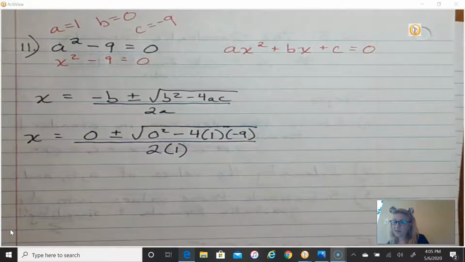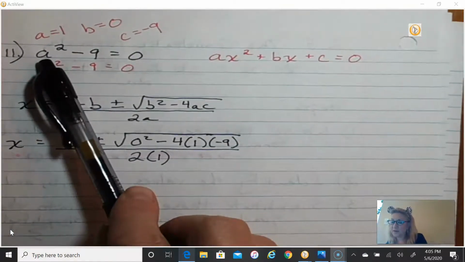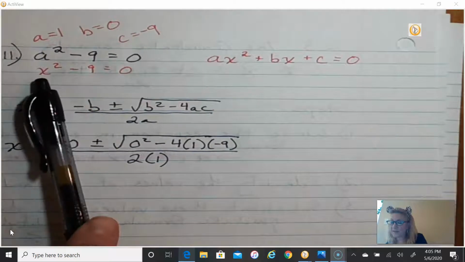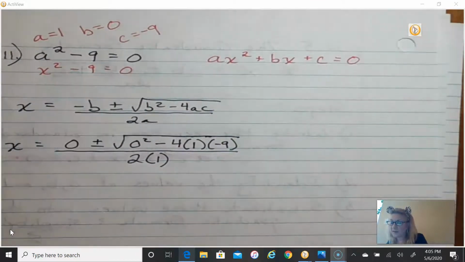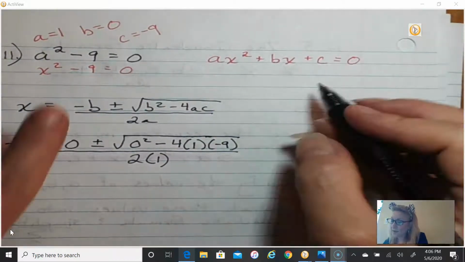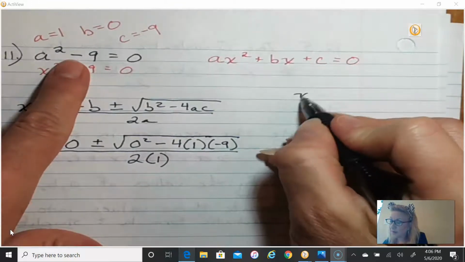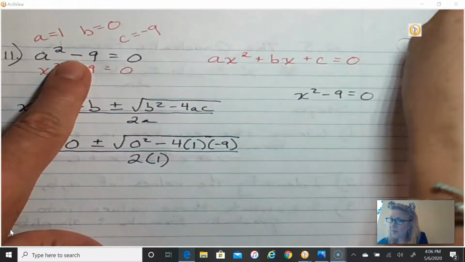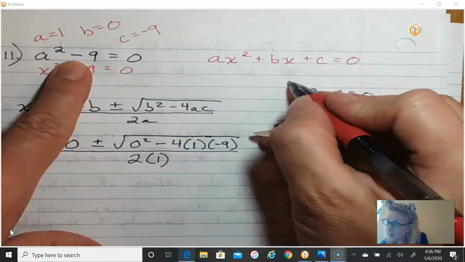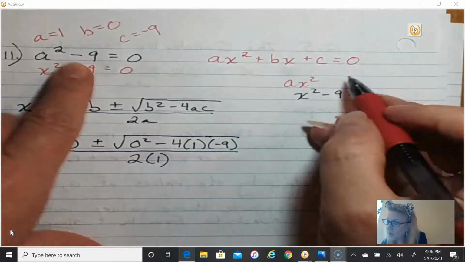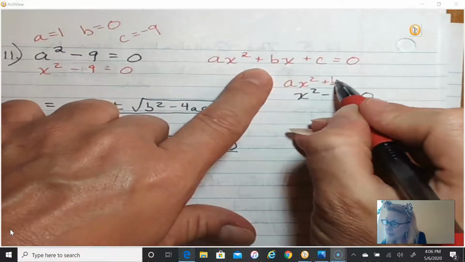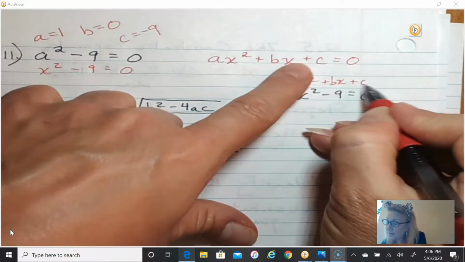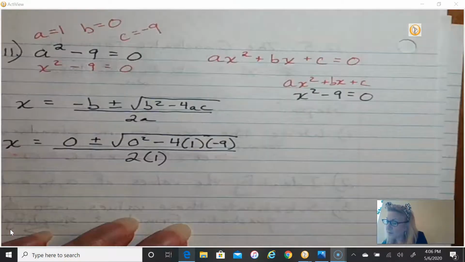Y'all see where I'm getting this? If this is confusing because they put a dumb old a there, pretend that that's an x, and then you'll see it, okay? I can even rewrite this as x squared minus 9 equals 0, and then if I were to put that formula right on top, notice that the bx is missing, plus c, so it would look almost like this.